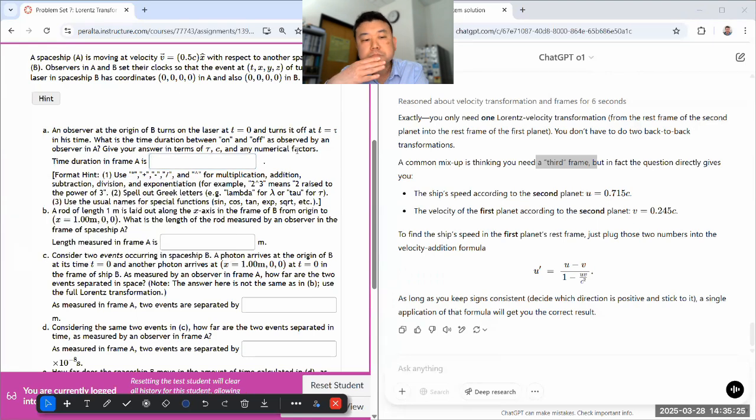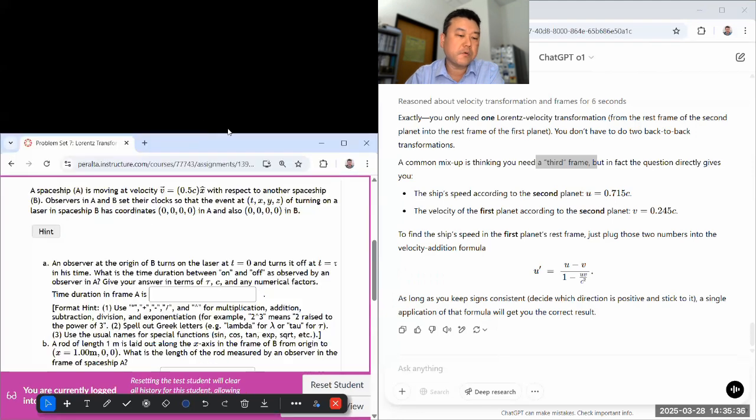So here's a mistake that's easy to make by someone who's overthinking the setup and who doesn't use the word observe the way we use it in our class.